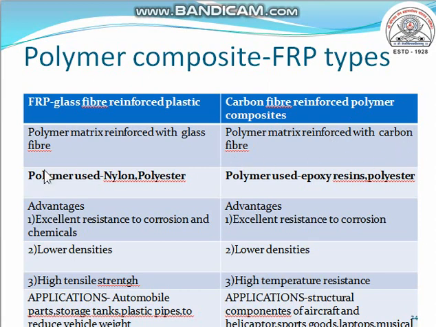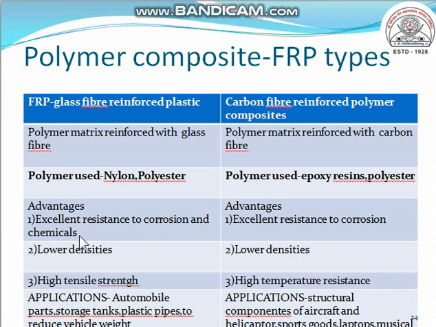For example, which type of polymer is used for making such a composite? In FRP, polymers like nylon and polyester are used. For making CRP, carbon fiber reinforced polymer, epoxy resin or polyester is used. Advantages: FRP has excellent resistance to corrosion and chemicals.